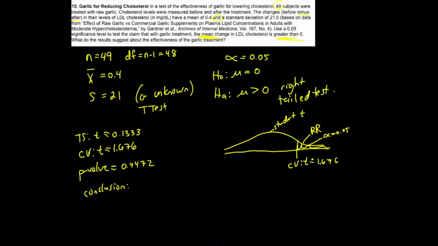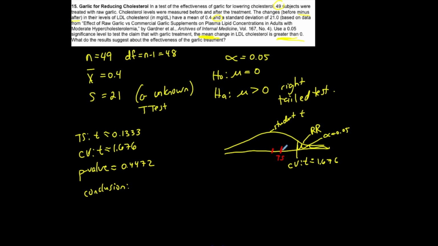The first method, traditional method. I want to know where the test statistic is in comparison to my critical value and my rejection region. My test statistic is 0.133. Remember, the center of this curve is 0. 0.133 is less than 1.676, so it's over here somewhere, right? Because this is a number line, technically. It goes from least to greatest.